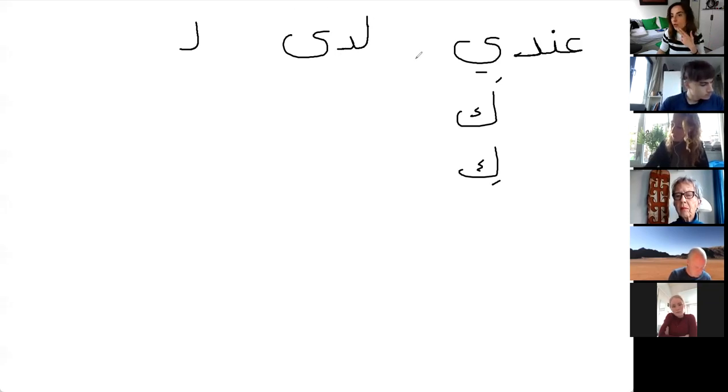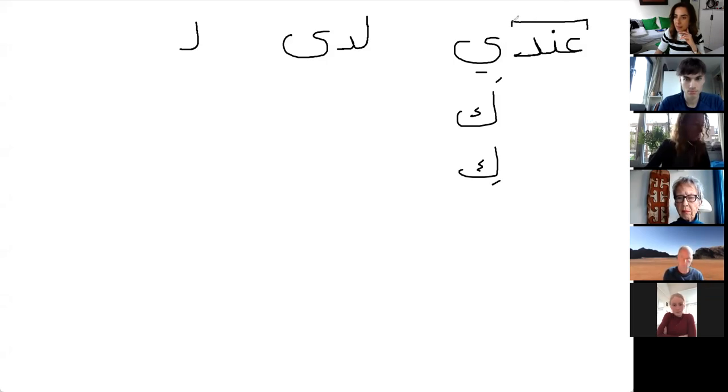How are they conjugated? Actually, they are conjugated just like the possessive form, like we did beiti, beitak, beitik, beitu, beitha. The 3 of them. Let's first do عند, because it's the easiest. By the way, what does عند by itself mean? In Dutch, it means bij.